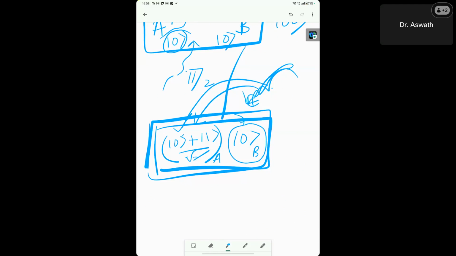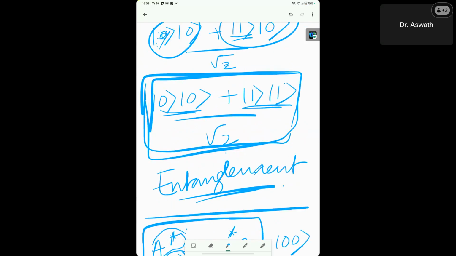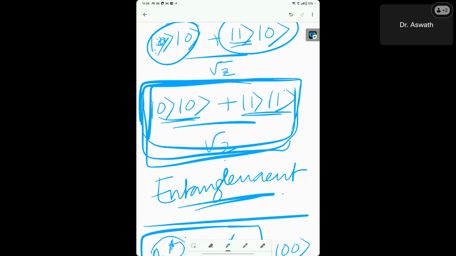Whenever his mood is 0, you say no, just leave it. Whenever his mood is very good, you go and talk to this guy. So whenever this energy comes in, let's say it is not a pi by 2 pulse, it is a single photon, it pushes the 0 to 1. So that is what I have created here, a superposition state of 0,0 and 1,1.